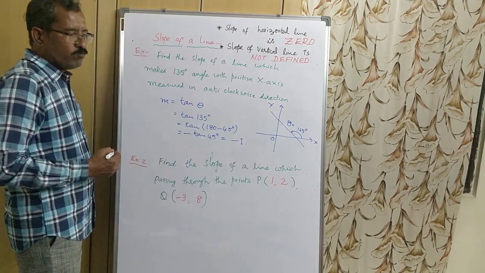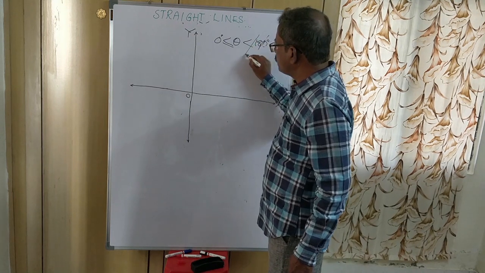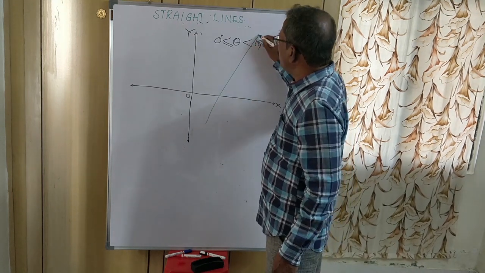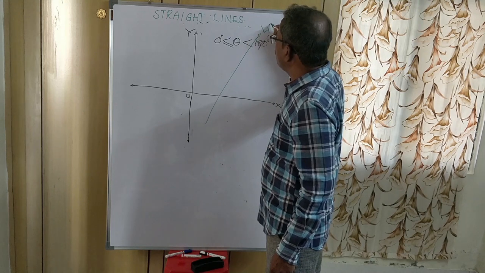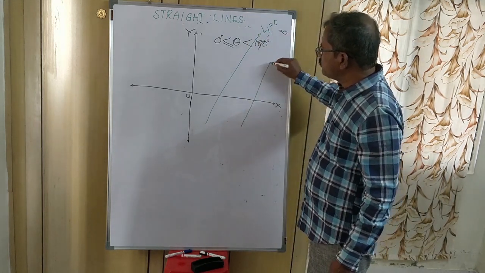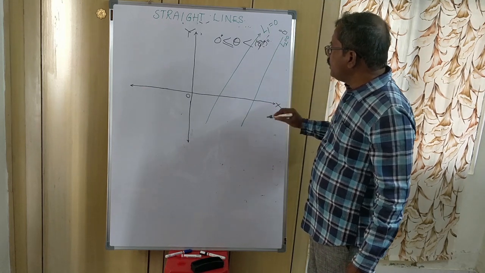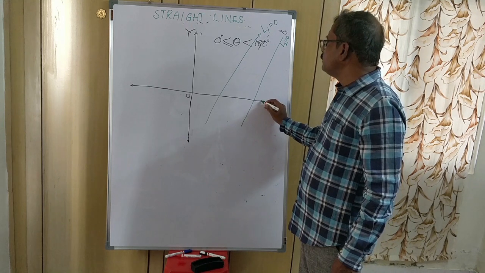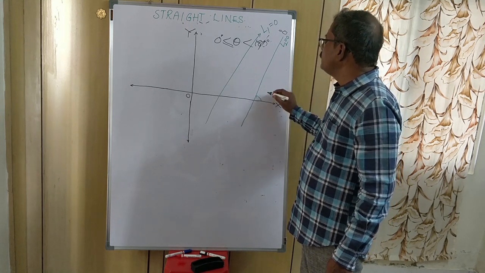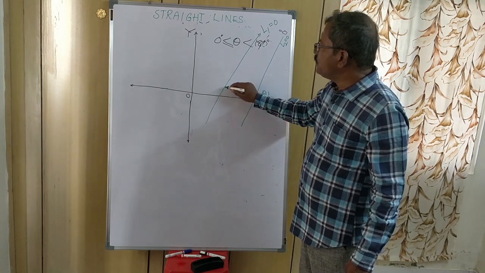Suppose the two lines are like this. Say L1 is equal to 0 and the other line is like this. This is L2 is equal to 0. The angles made here are theta 1 and theta 2.